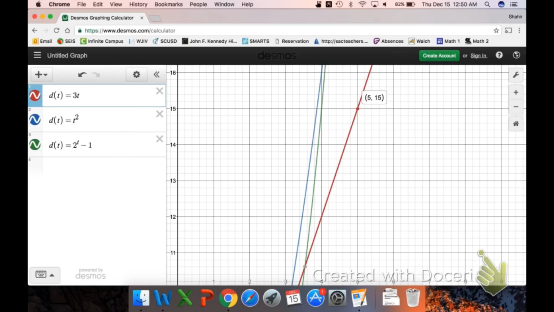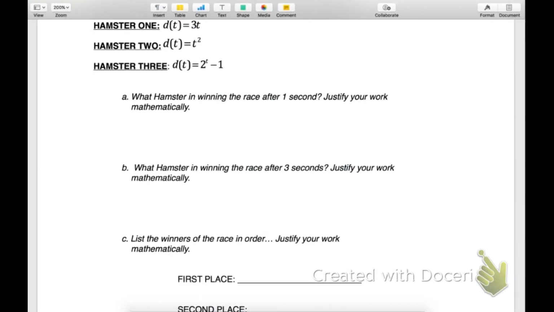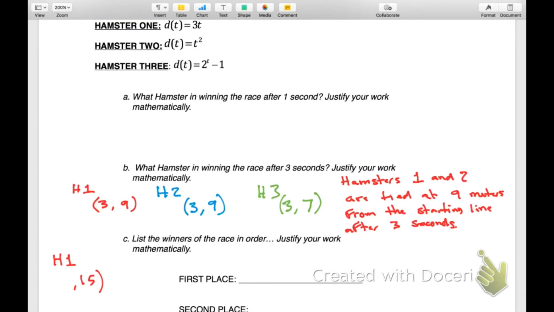So after 5 seconds, hamster 1 completes the race. He goes his 15 meters. So now we go back and fill it in. After 5 seconds, he went 15 meters.